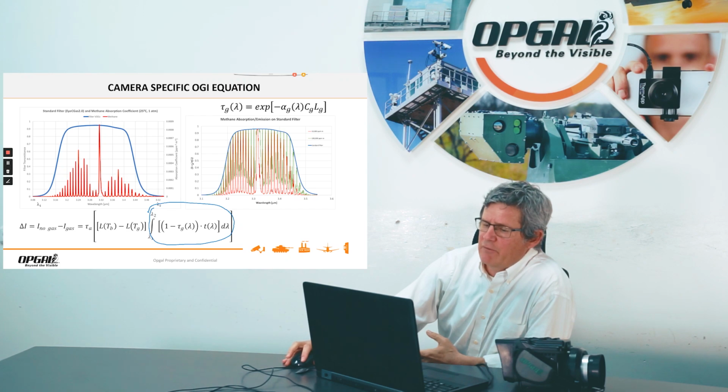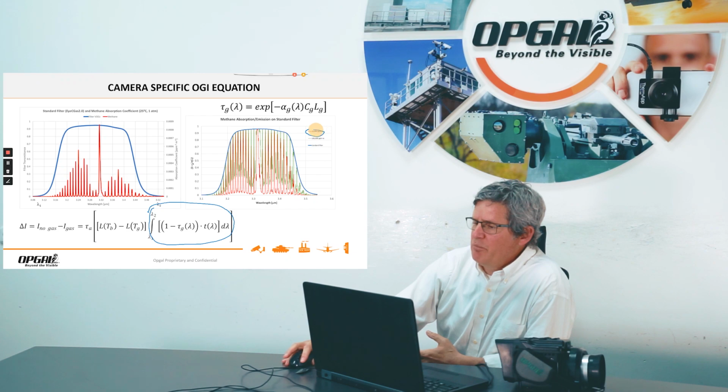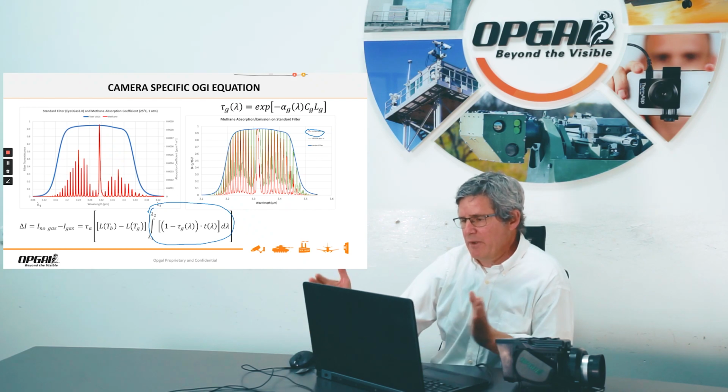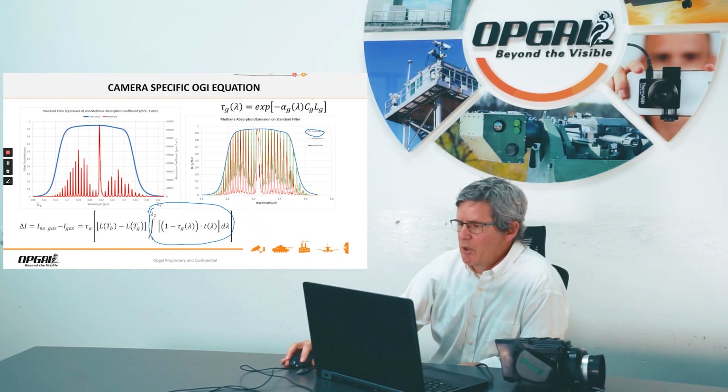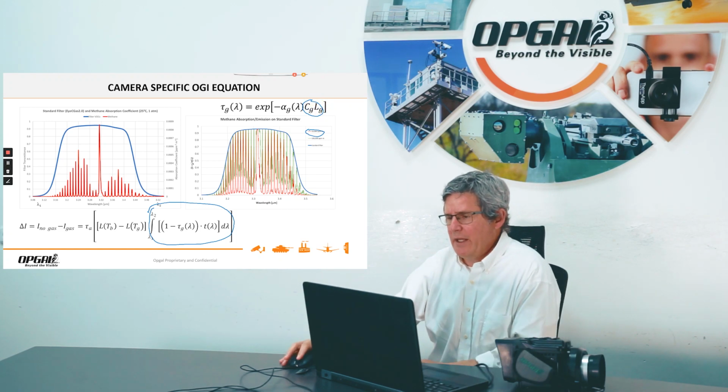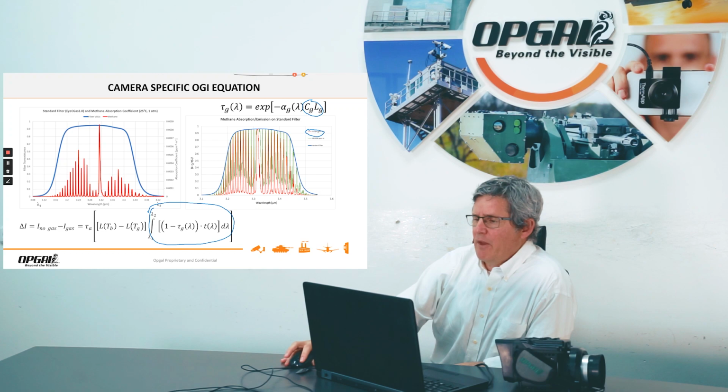For different concentrations, the red curve is 10,000 ppm meter, actually integrated concentration. We are talking about the product of concentration and path length through the plume. This is the product of the concentration times the width of that plume. 10,000 ppm meters, we get the red curve.